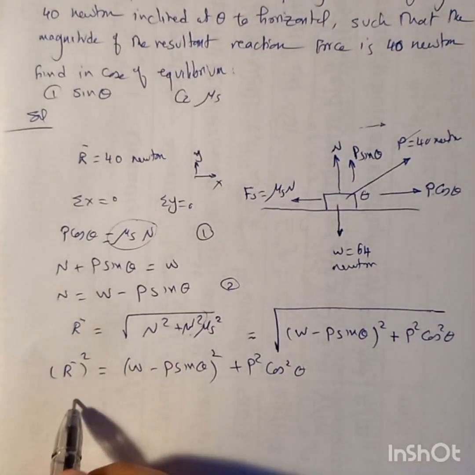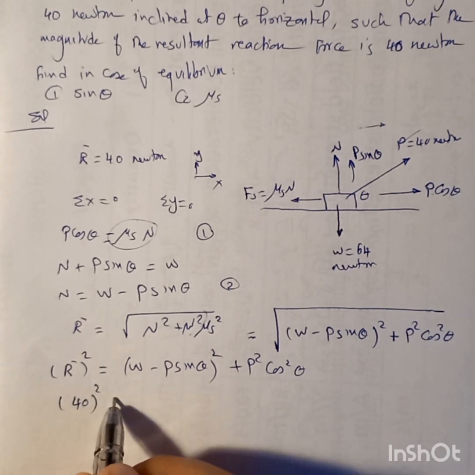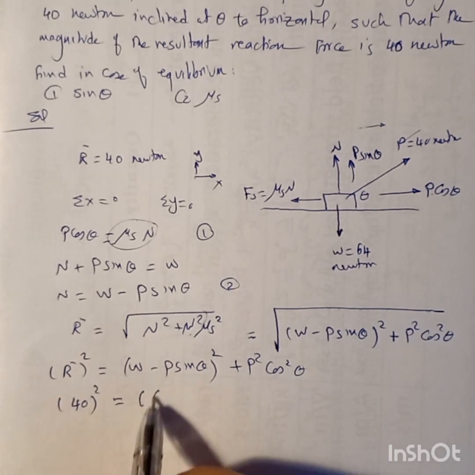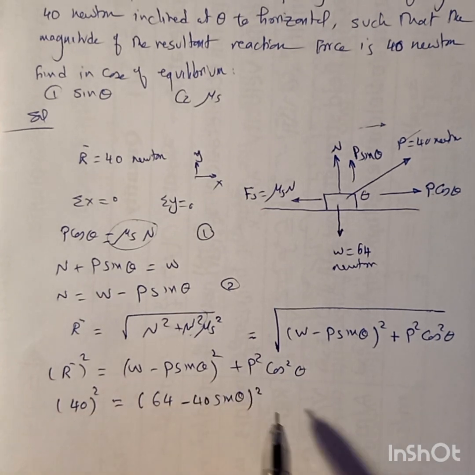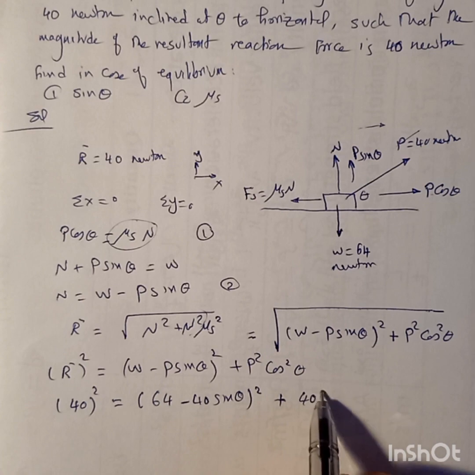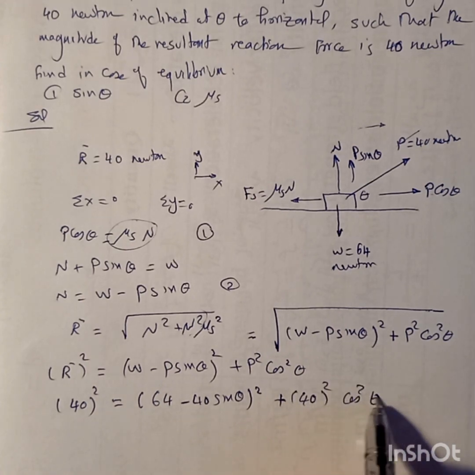Here we have 40 squared equals W, 64, minus 40 sine theta all squared, plus 40 squared cosine squared theta.